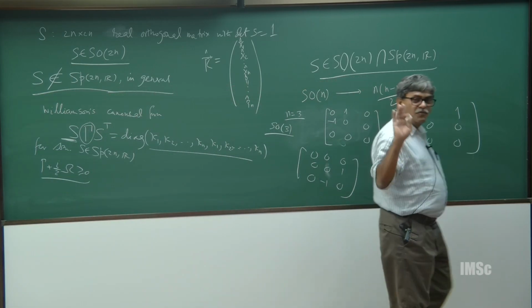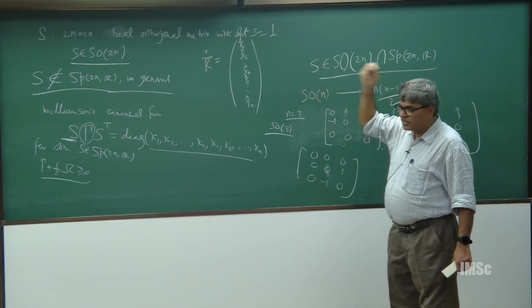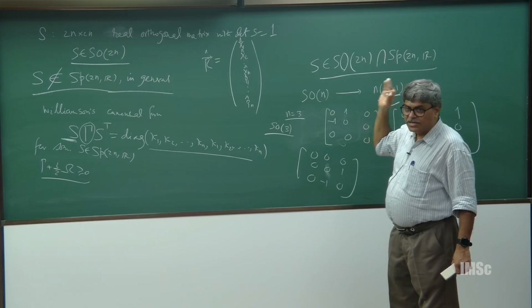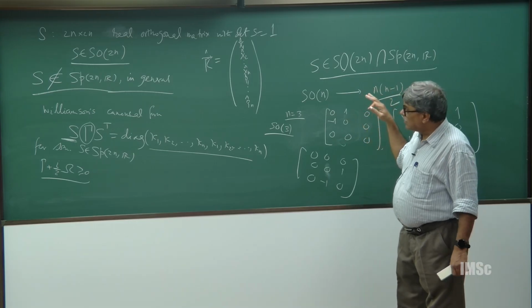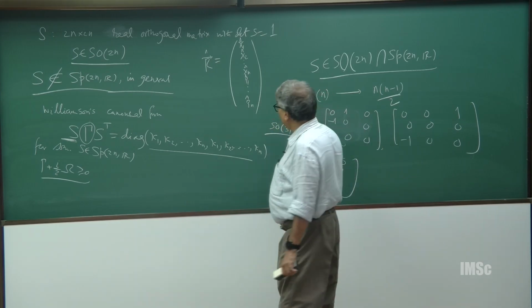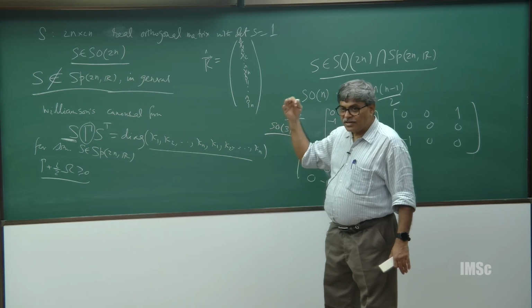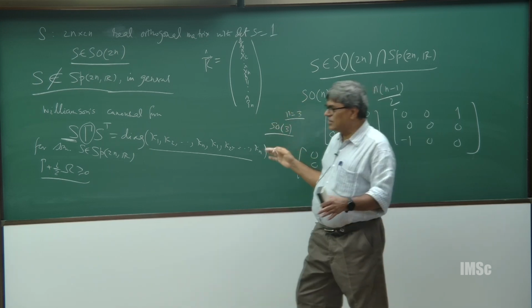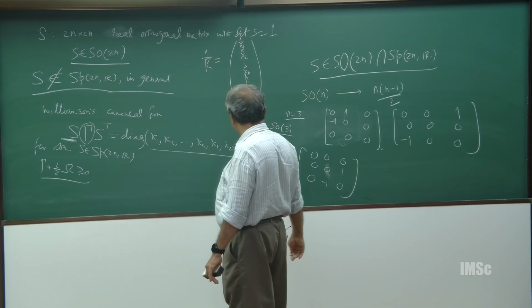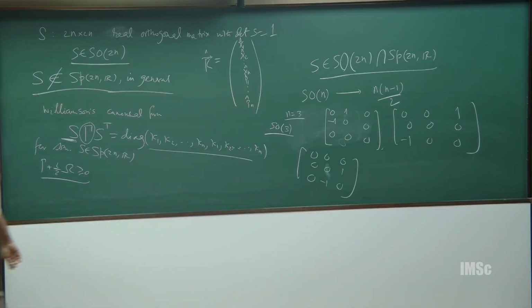We have given so many examples, like in 2 dimensions, and this can be done in higher dimensions also. For any dimension, a rotation matrix can also be symplectic.